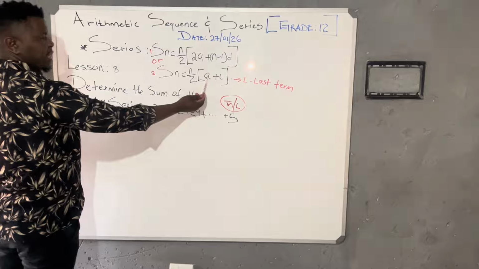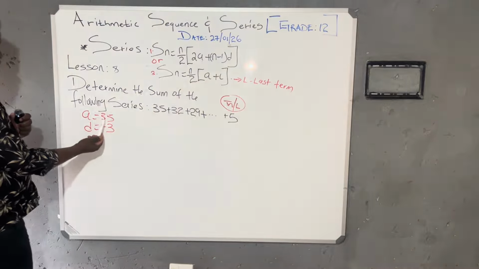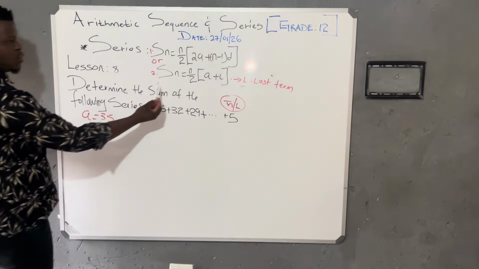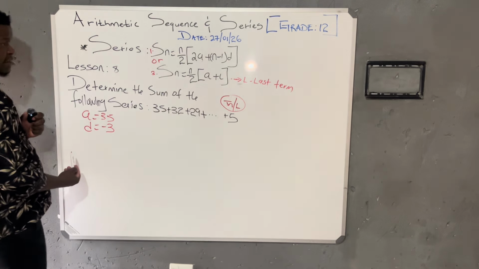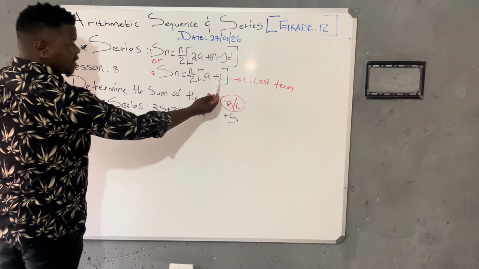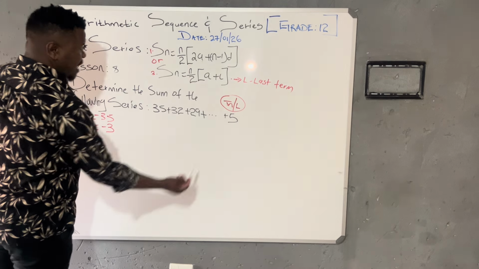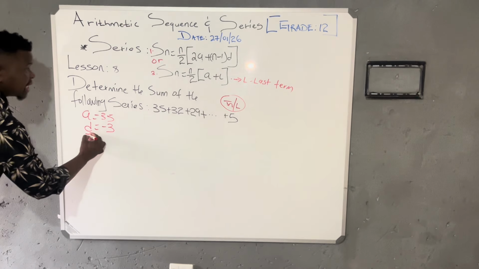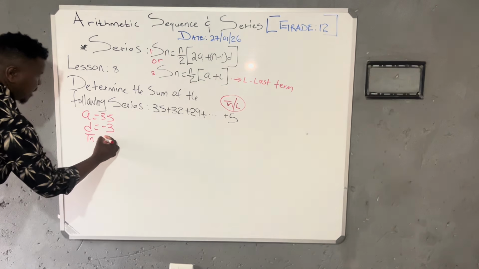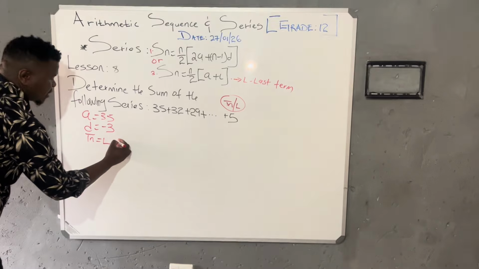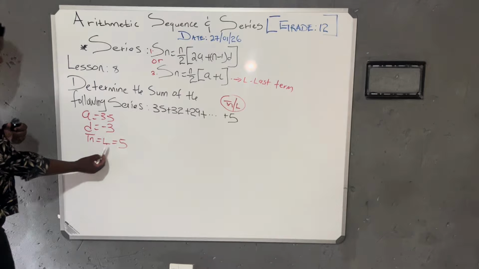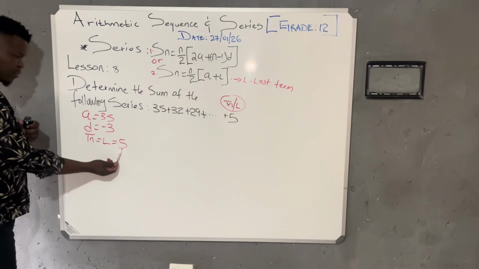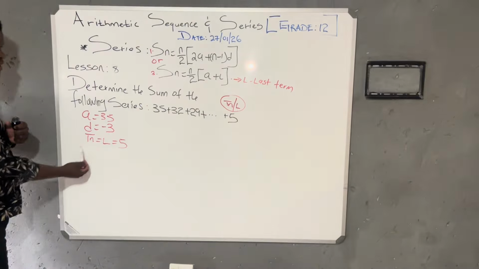I only have my A, which is 35. That D becomes useless here because there's no n. The only thing that is there, I notice, is L, which is 5. So that means Tn can be L and they are both equal to 5. So 5 is the last term, and 5 also can be considered as Tn.